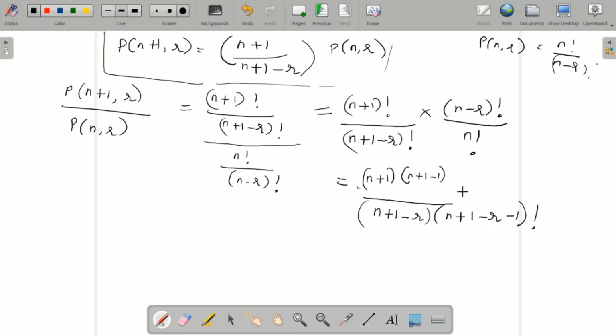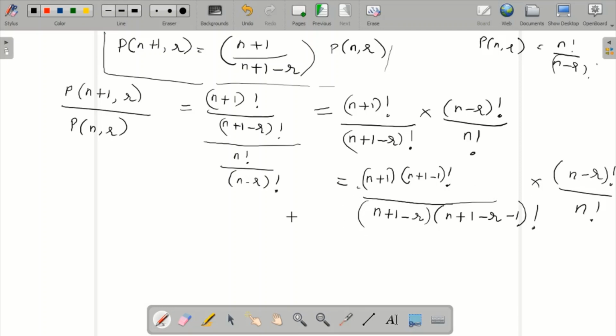This is how I wrote for this and this. Here I missed one factorial for this: (n+1-1) of this, and (n+1-r) same as it is of this. So it is (n-r) factorial and then n factorial.